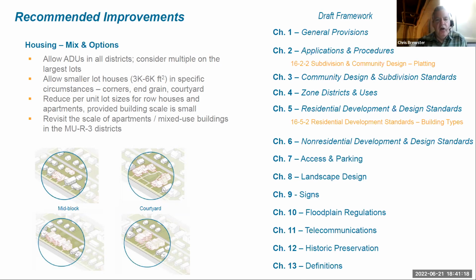So all of those options that we've been talking about have implications for that procedure section as well. And so those will be the two areas where housing mix and options and the things we've been talking about have the biggest impact on the code.